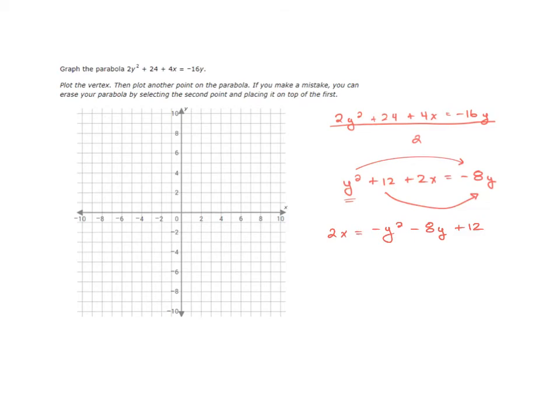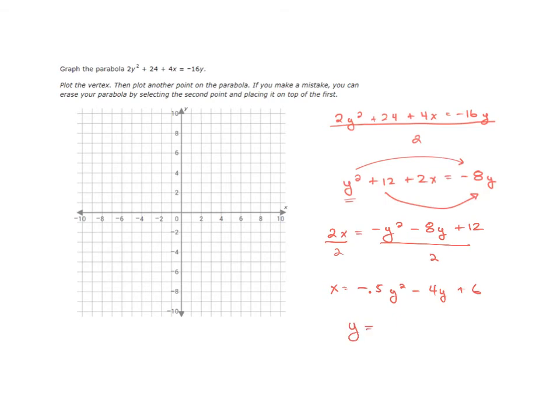And then I have to have x by itself if I'm going to have a standard form here. So I'm actually going to get x is equal to negative 0.5 y squared minus 4y plus 6.